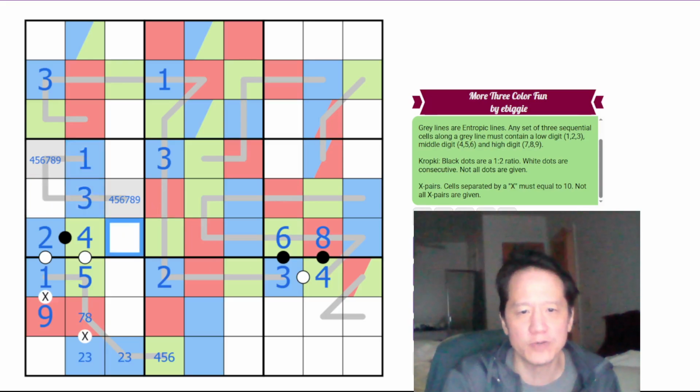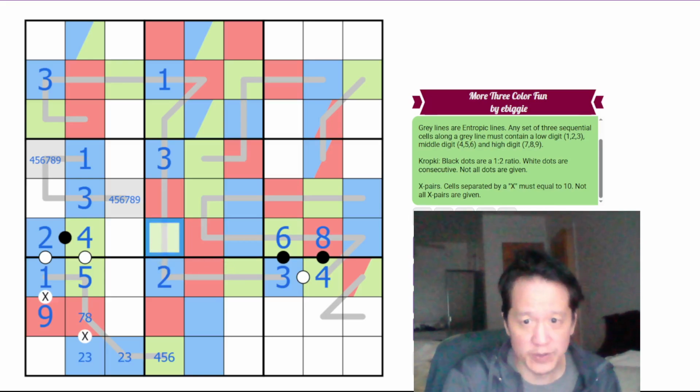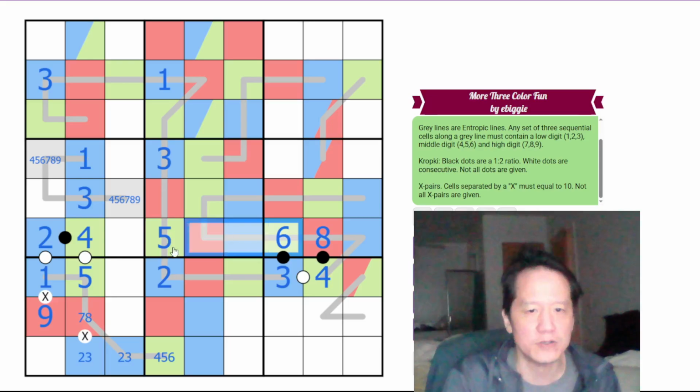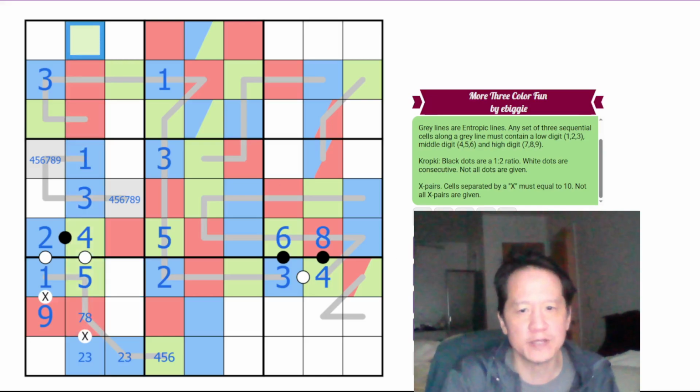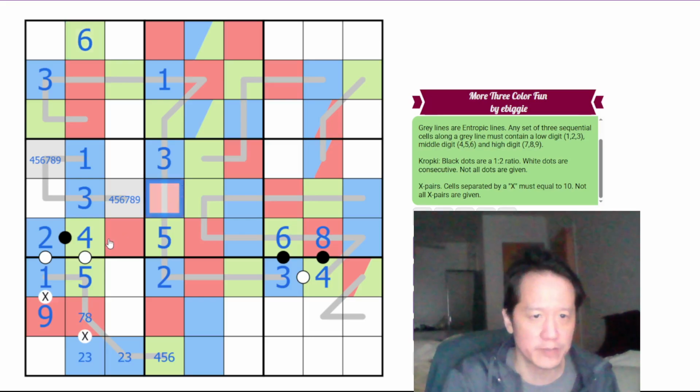This can't be 1. This has to be a 5 and is a middle digit. We have 3 lows already in row 6, so this must be a high digit. This can't be low because we need another medium, and this is 6 then. This is a medium.